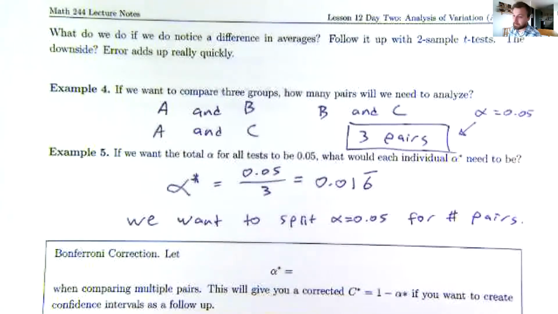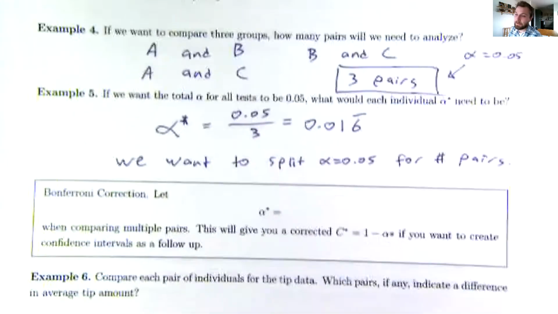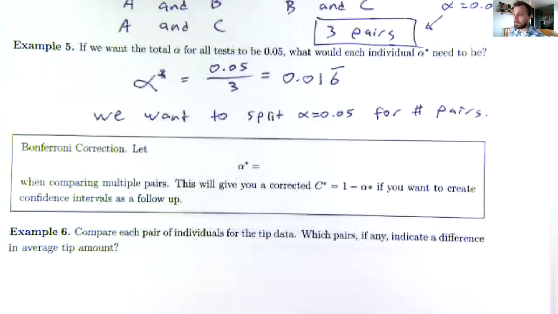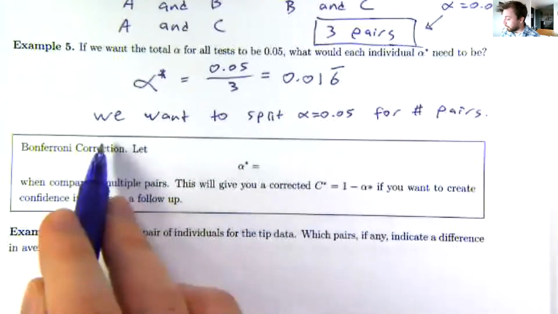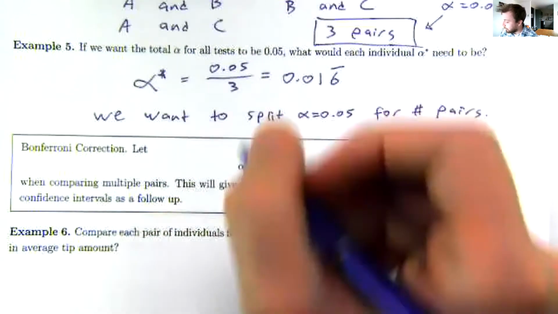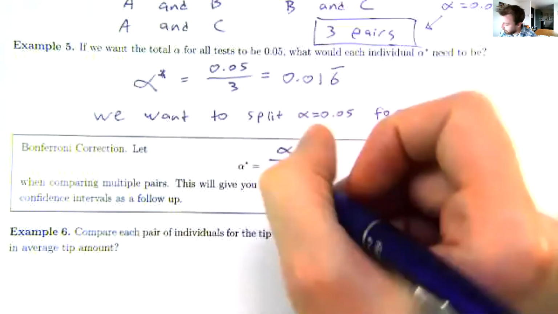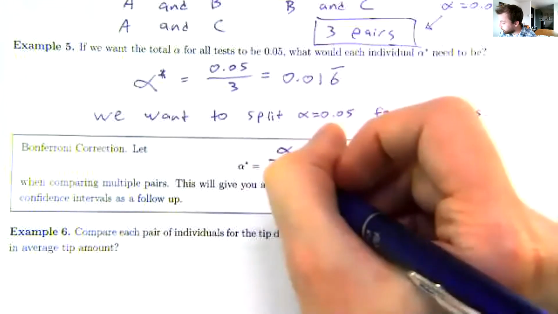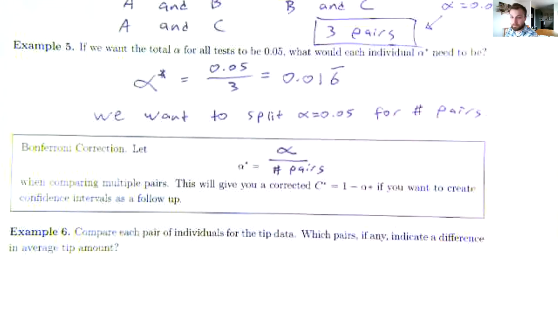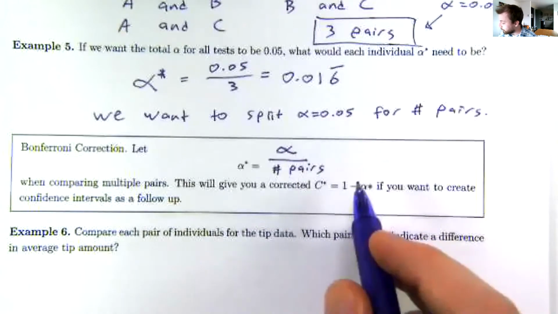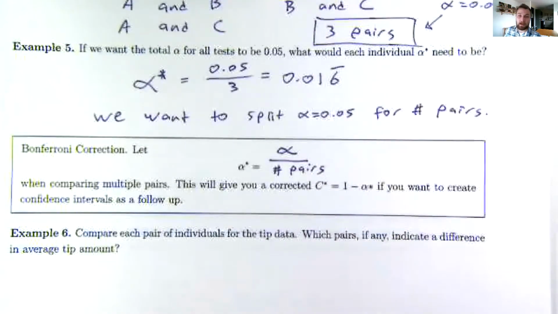This process of just dividing the error is not complicated enough to seem like it warrants a name, but it does have a name. This is called the Bonferroni error adjustment. All you're doing is taking the alpha and dividing it by however many follow-up tests you need to do. If instead of a test you wanted to do a confidence interval, your confidence level for a follow-up is going to be 1 minus your corrected alpha level.